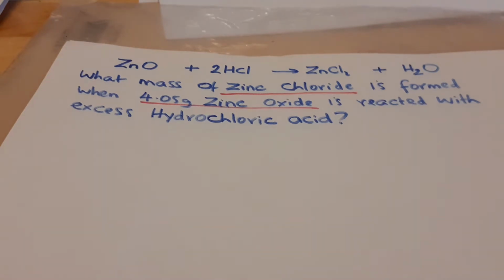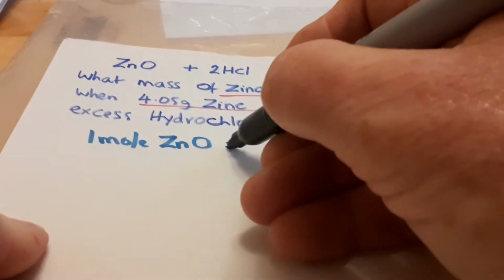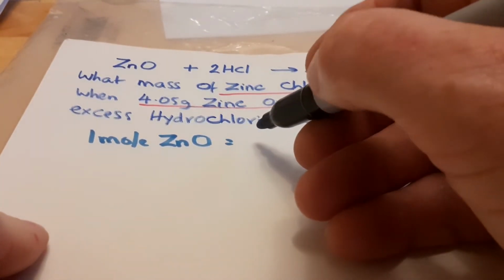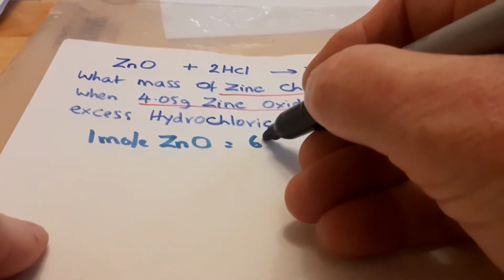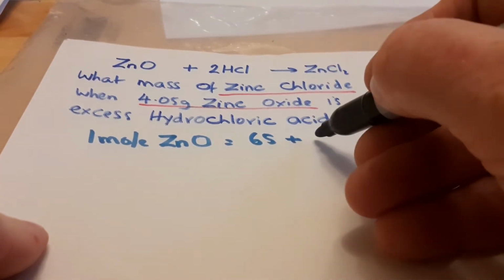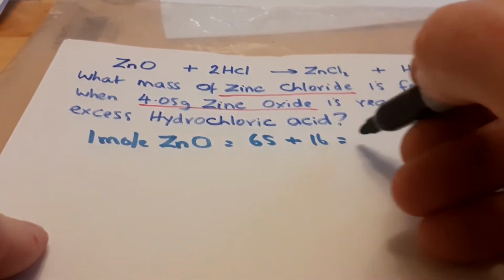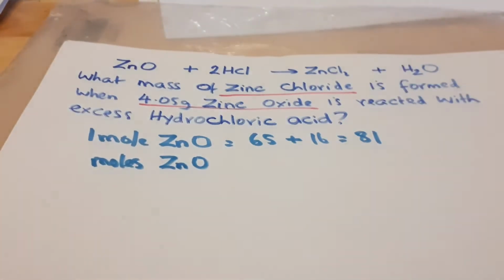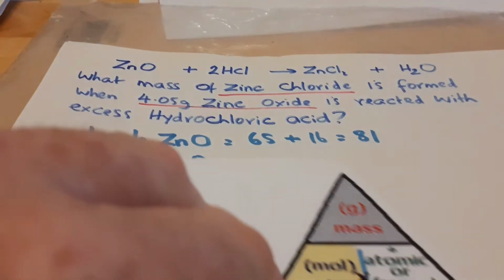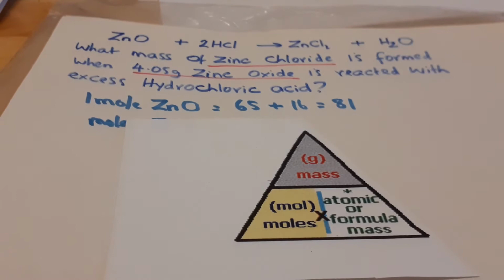So, as we said, first steps, work out 1 mole of what we're starting with. So, 1 mole zinc oxide. Now, using the periodic table, relative atomic mass of zinc is 65, oxygen is 16. So that comes to 81. So, moles zinc oxide. We use our old favourite again, moles.